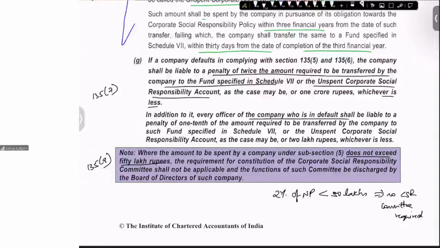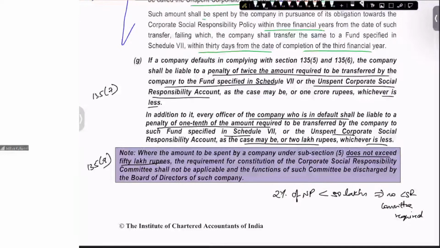Every officer in default shall be liable to a penalty of 1/10 of the amount required to be transferred to the fund or the unspent amount, or 2 lakh rupees, whichever is less. So these are your penal provisions.